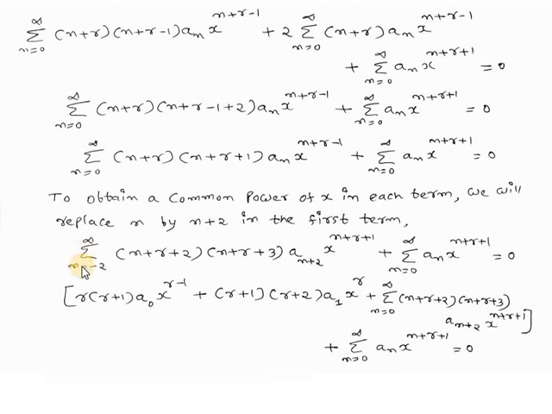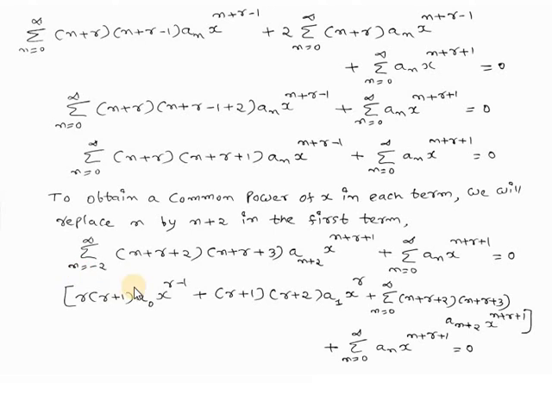So it will be sigma n equal to minus 2 to infinite (n plus r plus 2)(n plus r plus 3) a_(n plus 2) x raised to n plus r plus 1, plus sigma n equal to 0 to infinite a_n x raised to n plus r plus 1 is equal to 0. So we have obtained common power of x, that is n plus r plus 1.